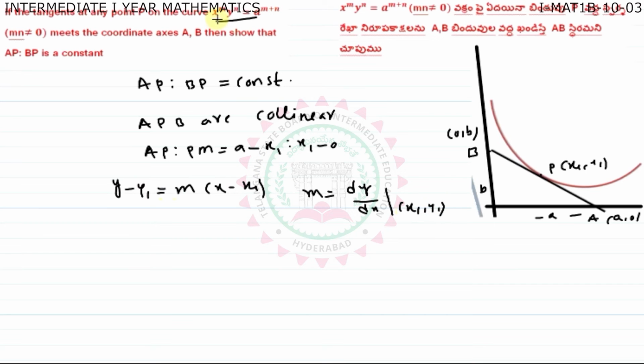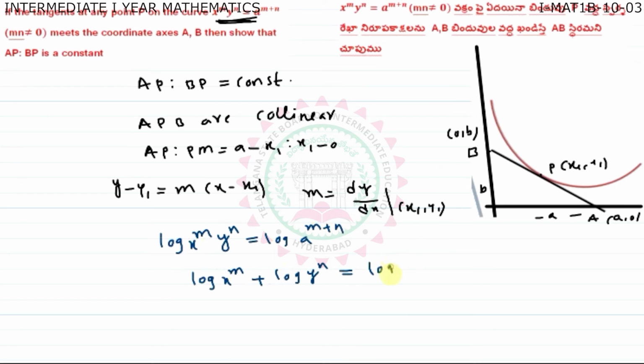So to find dy by dx from this curve equation, take log both sides. Taking log both sides, I will get log of x to the power m, y to the power n, is equal to log of a to the power m plus n. So using logarithm formulas, this can be written as log x^m plus log y^n, this is as it is.